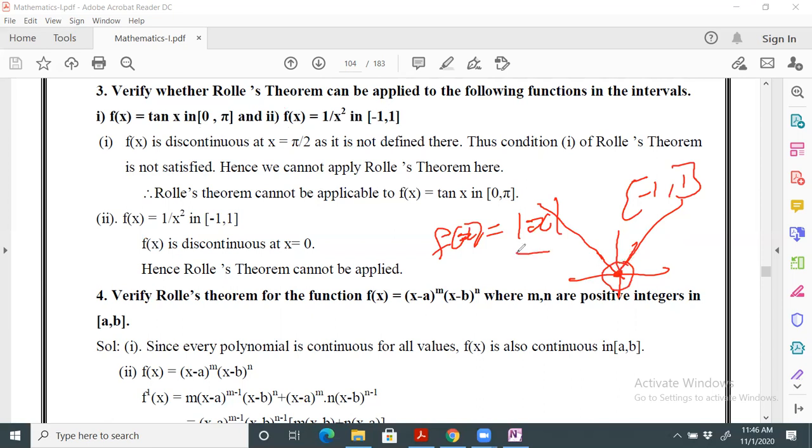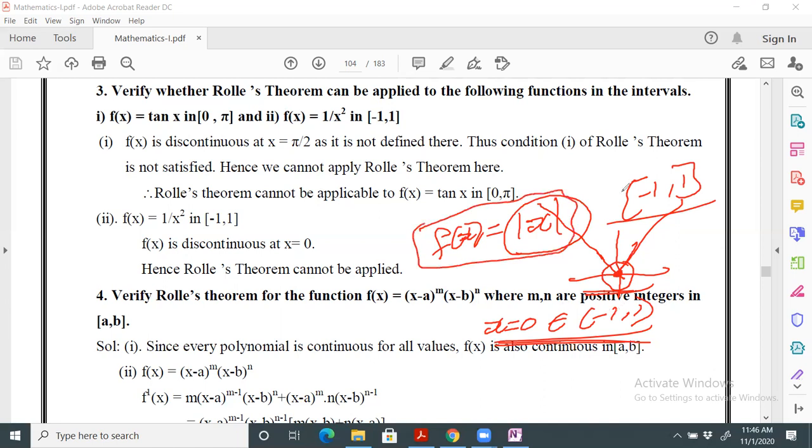So modulus of x is not differentiable at x equals to 0, but that 0 exists in the open interval. x equals to 0 belongs to the open interval -1 comma +1. సో ఈ ఇంటర్వల్లో ఉంటుంది కాబట్టి it is not differentiable. Which one? f of x equals to mod x is not differentiable in the open interval -1 comma +1.